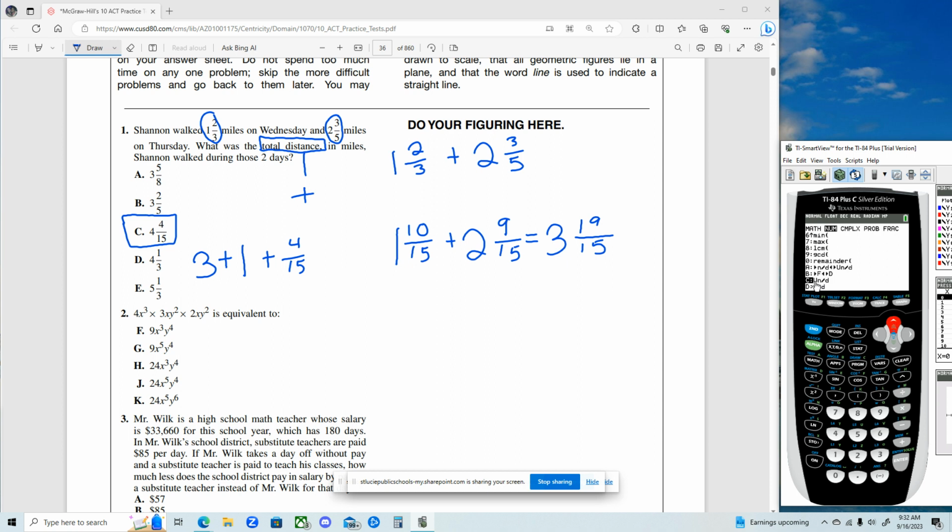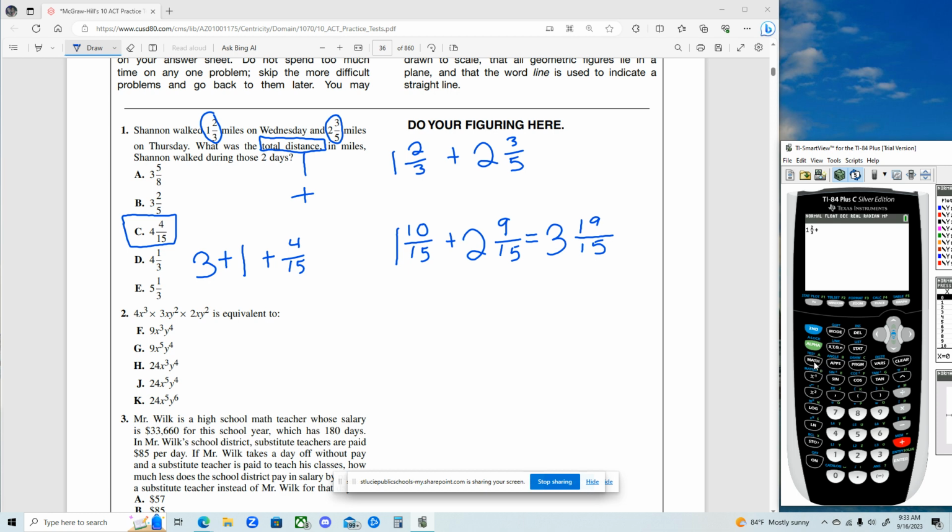And now it's on it. A unit with a numerator and denominator. I'm going to press enter here so I can put that in. I'm just going to put in my original numbers. 1, and then use the arrow to get to the top, and 2, arrow down to the bottom, thirds, and then arrow over, plus 2 3/5.